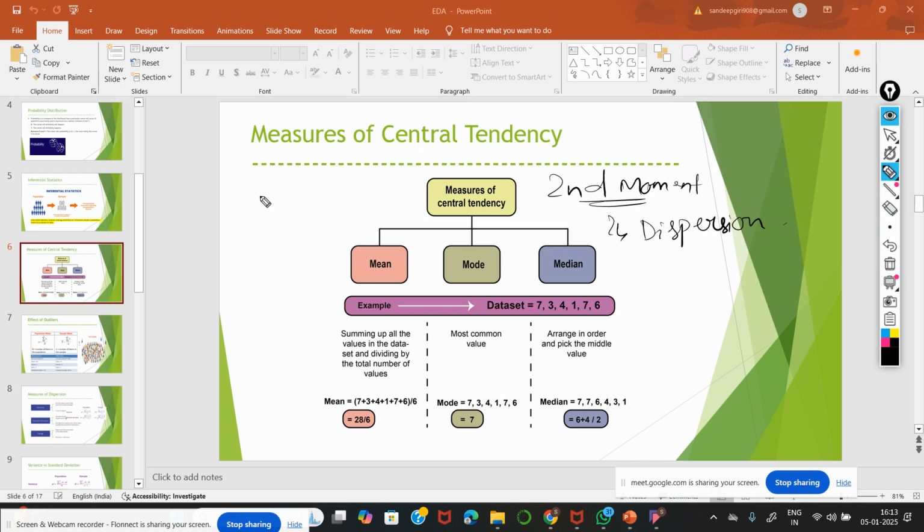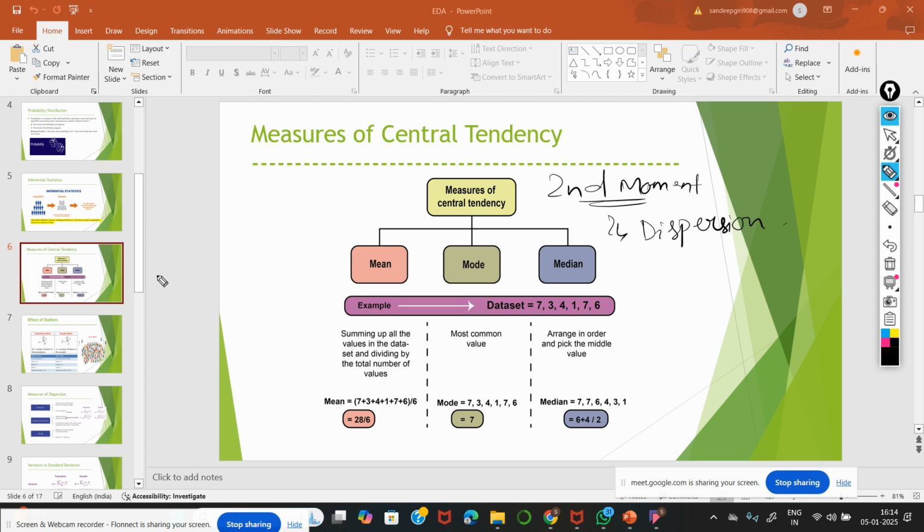The best example is this: you are going to a very big retail store, for example, Reliance Smart Bazaar.